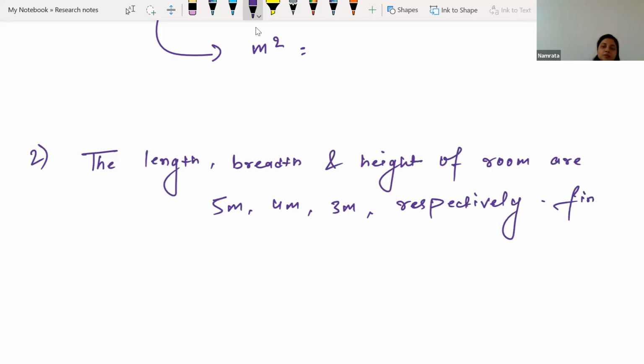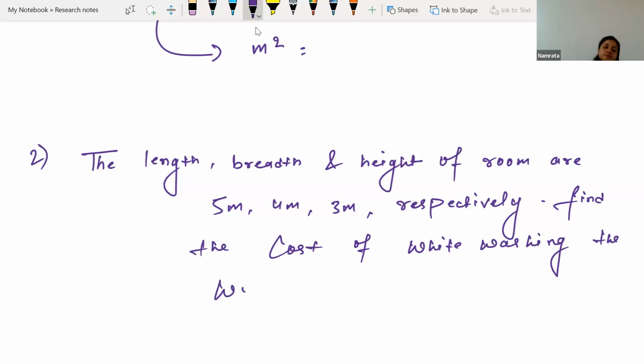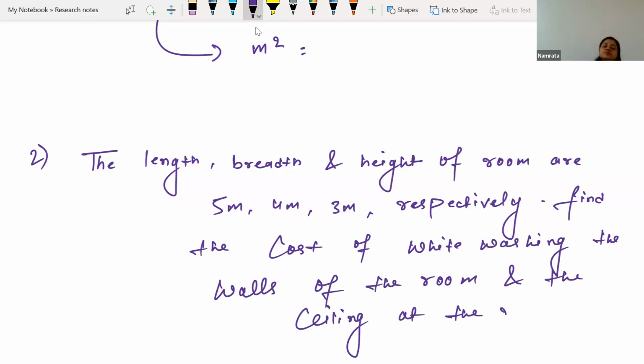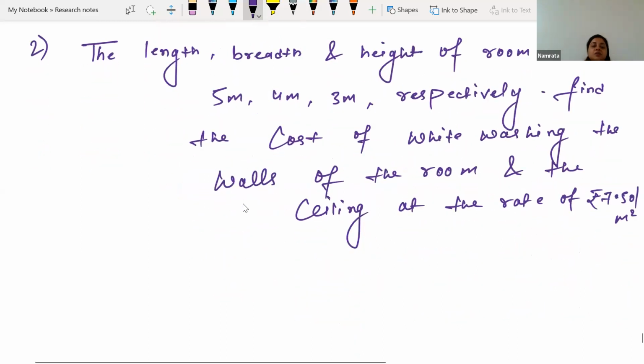Find the cost of whitewashing the walls of the room and the ceiling at the rate of 7.50 per meter square. What to do over here? Anyone?